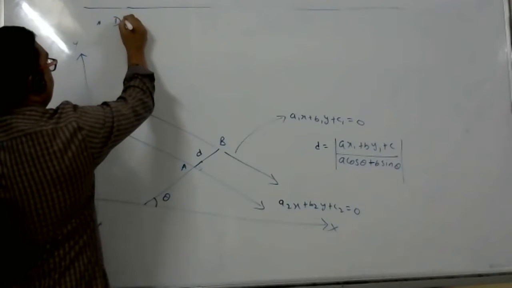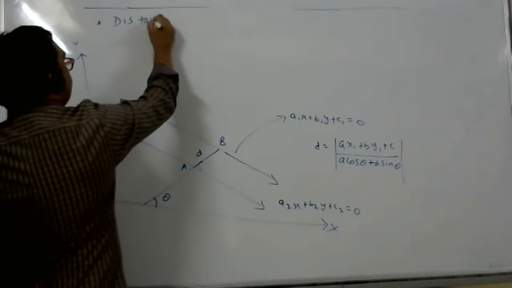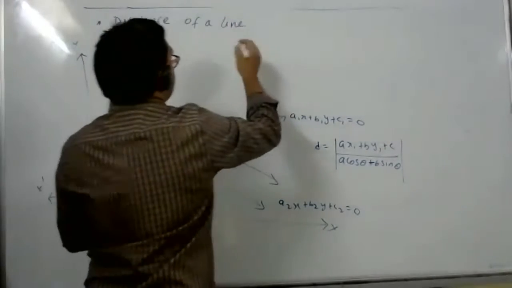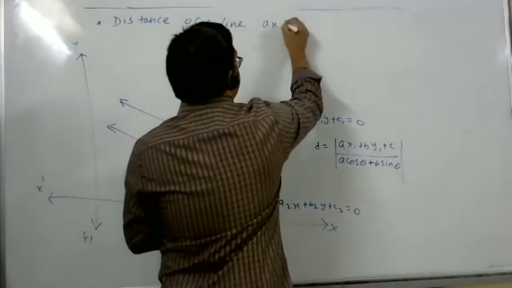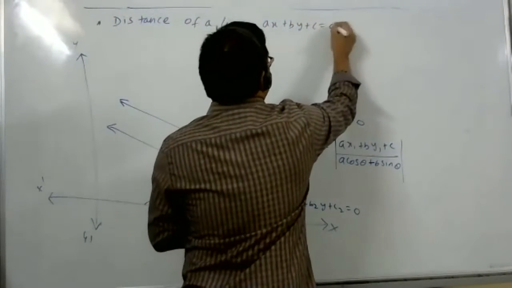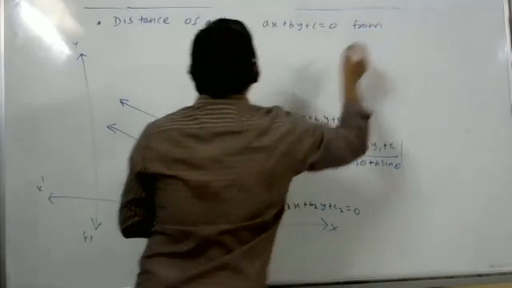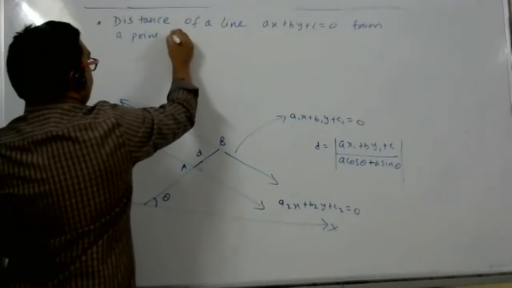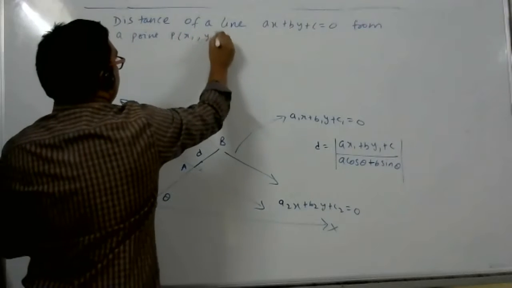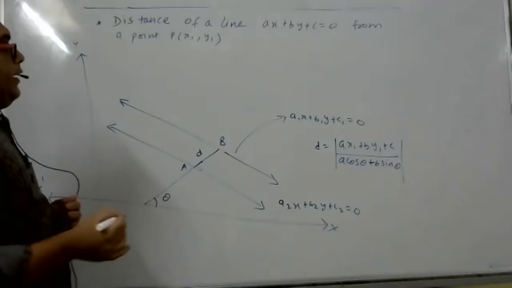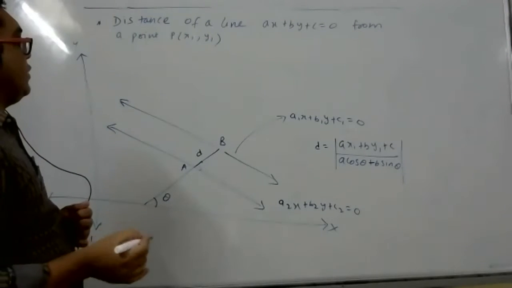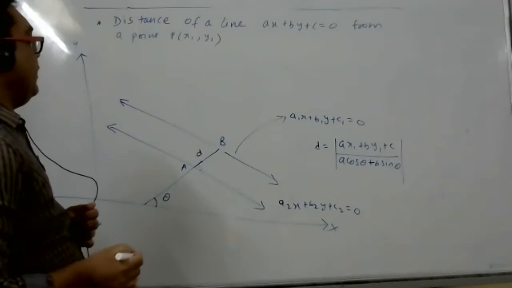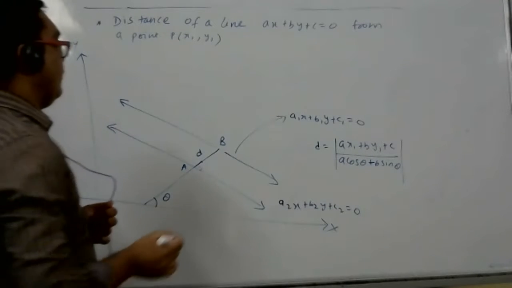Distance of a line ax plus by plus c is equal to 0 from a point P(x1, y1).